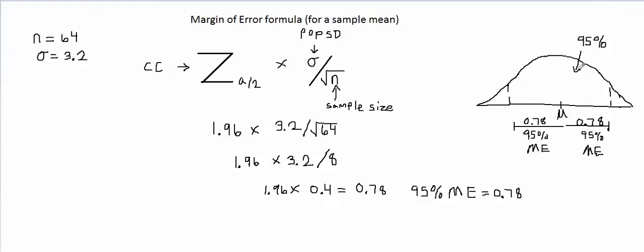Now, if 95% of the possible samples have a sample mean in this area, then that must mean that 5% of the possible samples have a sample mean outside of this area in the two tails.